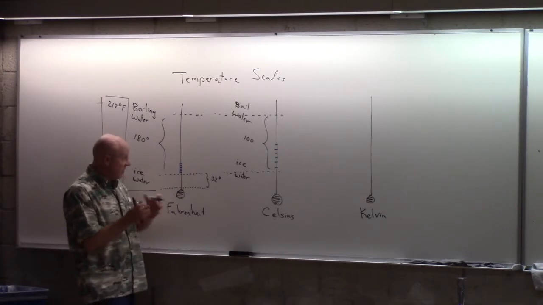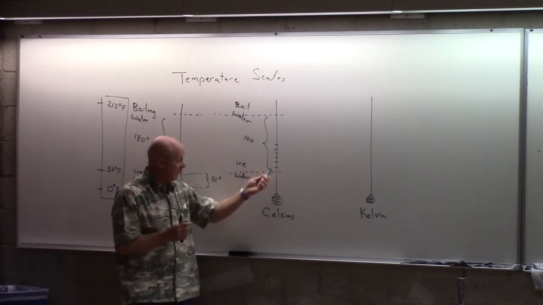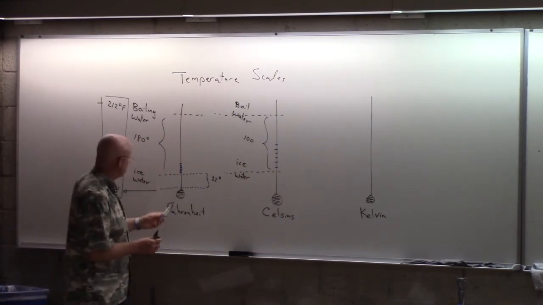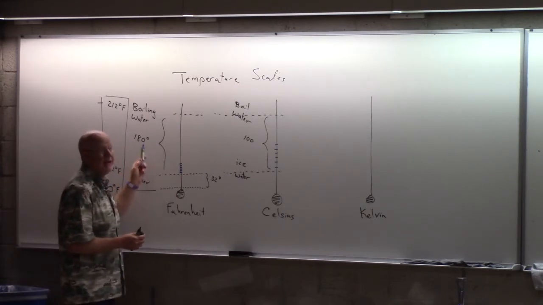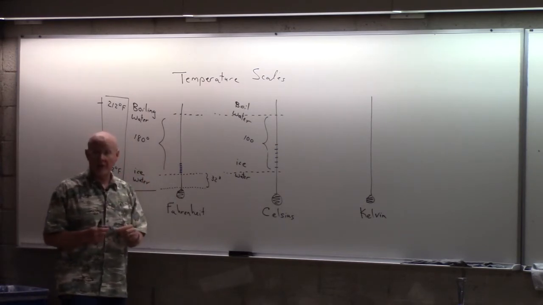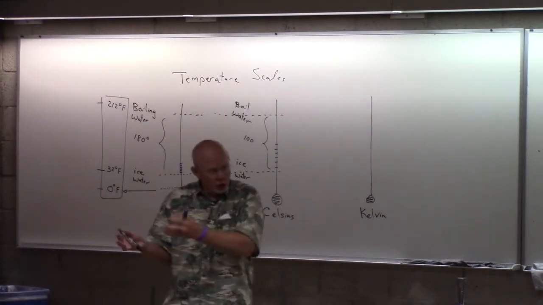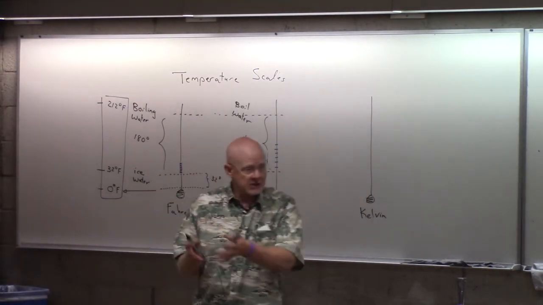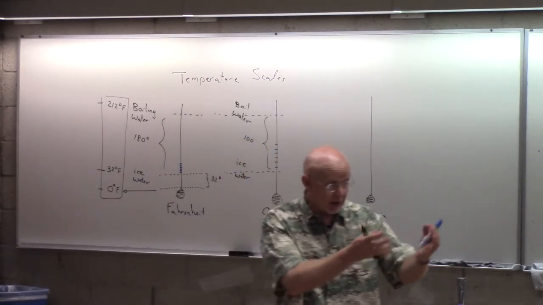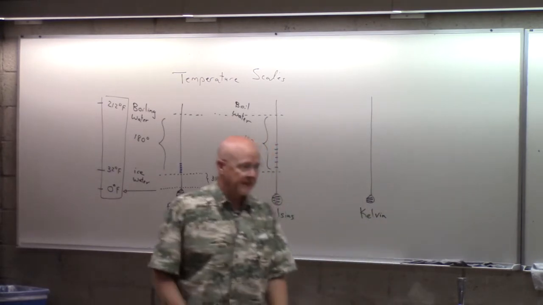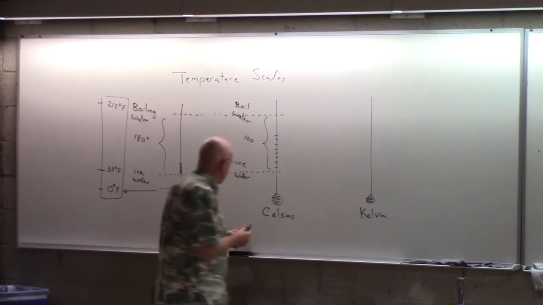But what this is really saying then is if you go up 1 degree on the Celsius scale, you're going to go up almost 2. You're going to go up 1.8 degrees on a Fahrenheit scale. And so a good number to keep in mind is 2 degrees on a Fahrenheit scale is the same as 1 degree, or very close, to 1 degree on a Celsius scale. And so hopefully that's one of the things you see right away in this comparison.